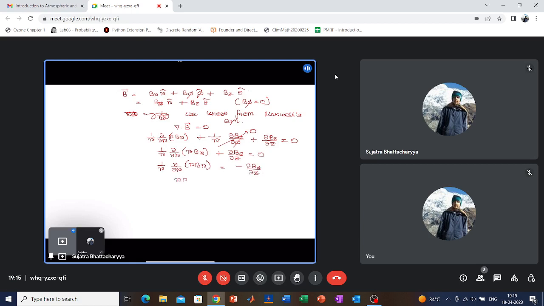So R B_R, now we integrate from 0 to R. It will be minus R delta B_Z by delta Z into delta R. Therefore R B_R will be equal to minus R squared by 2 delta B_Z by delta Z. So one R and this R will cancel. So B_R will be equal to minus R by 2 delta B_Z by delta Z. This is the relation between B_R and B_Z.